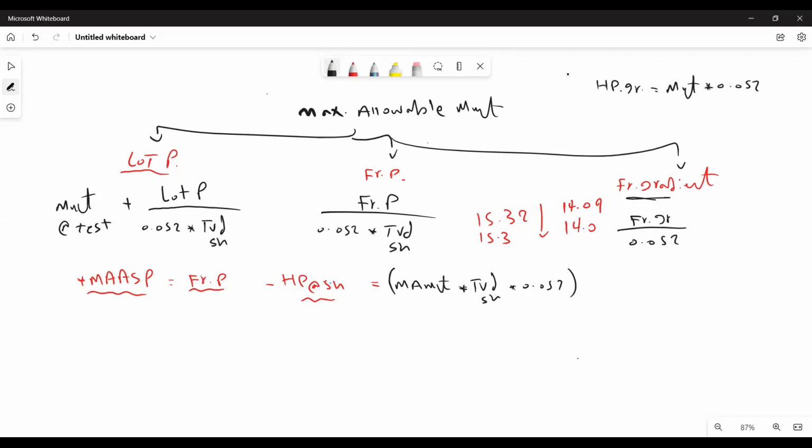That's for fracture pressure, minus hydrostatic pressure, which will be drilling mud weight or current mud weight times TVD shoe times the constant 0.052. So we're gonna take common factor TVD and constant.